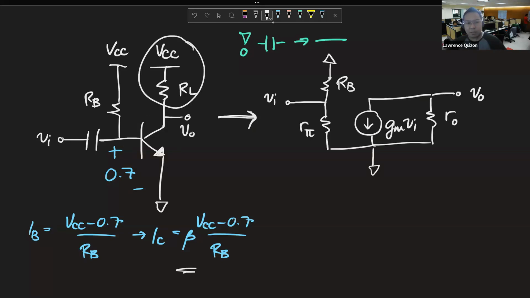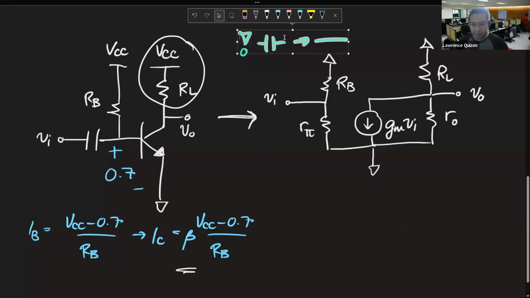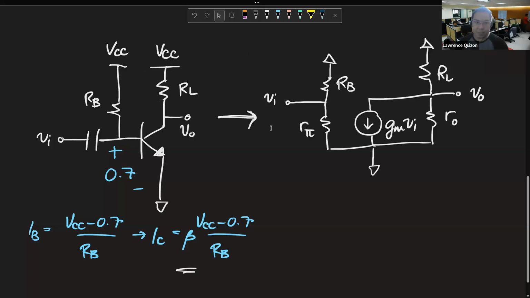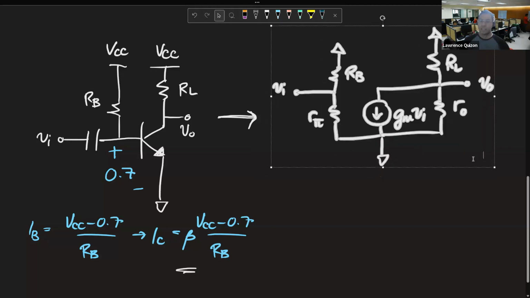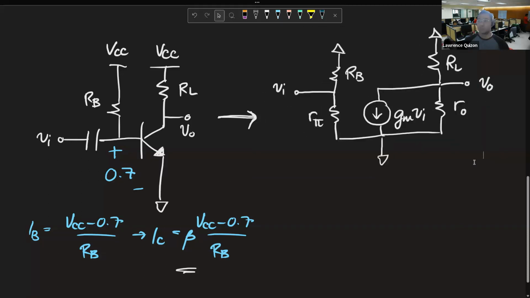I forgot to label V out, but that's V out. And this just becomes RL with the ground. So that's how we get the small signal equivalent circuit. And this is your amplifier, like your real amplifier, because it's the one that amplifies the small signal model.